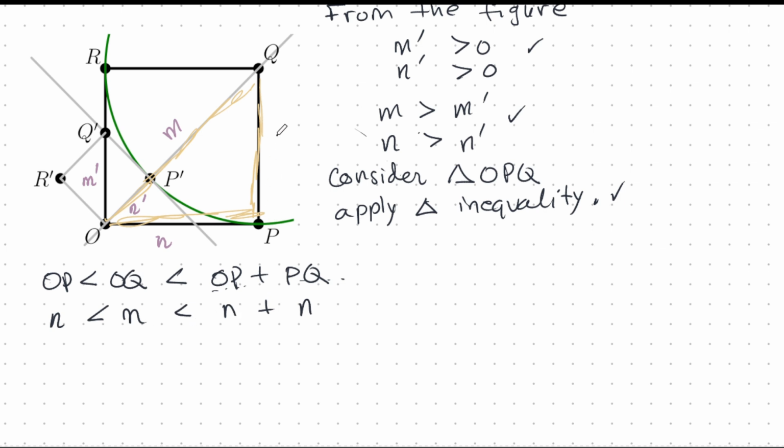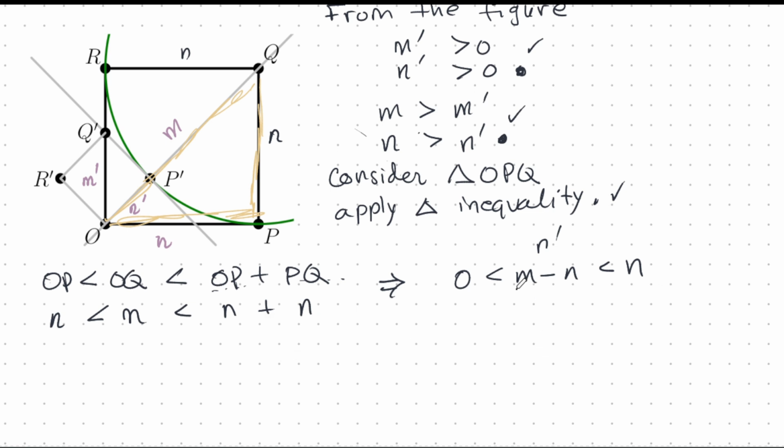Remember that PQ is also n because it's radius, and RQ, might as well write that, that's also n. So I subtract n from this, and I get the following, like so. All right, so I have proved that this is n prime, so I have proved this is done and this is done. Okay, so I have those two down pat.